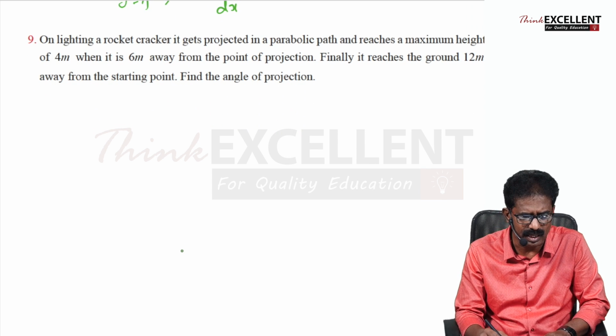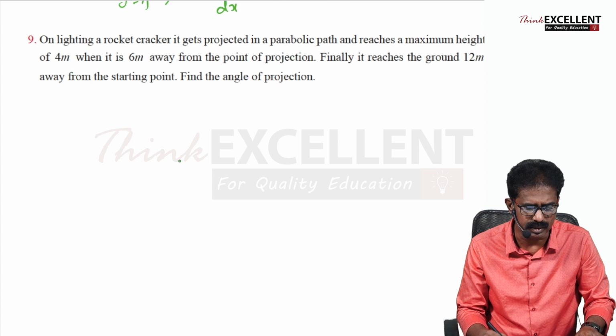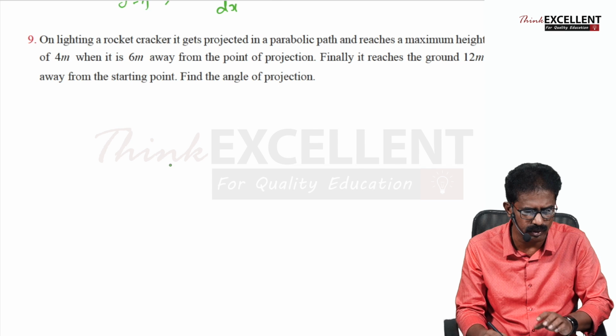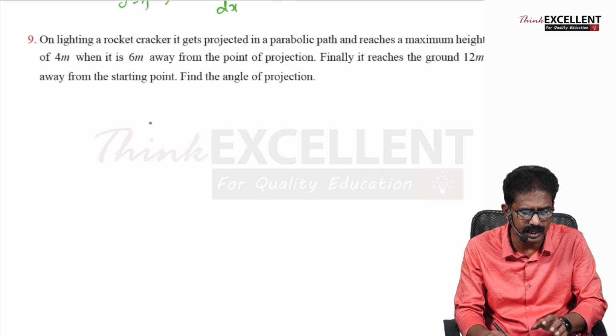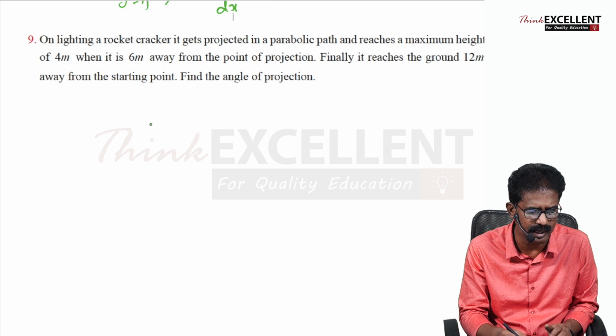On lighting a rocket cracker, it gets projected in a parabolic path and reaches a maximum height of 4 meter when it is 6 meter away from the point of projection. I think you can understand the diagram, right?